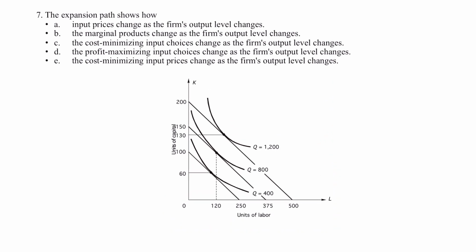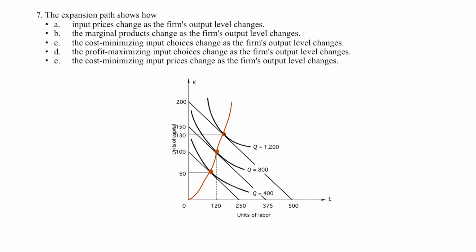What we're doing with this is I just want you to be able to see what it is. The expansion path is the connection of all of these little optimal points where the isoquants and the isocost lines are tangent to each other. So again, this will not be any sort of straight figure, but if it were something like that, that's what it would show you.